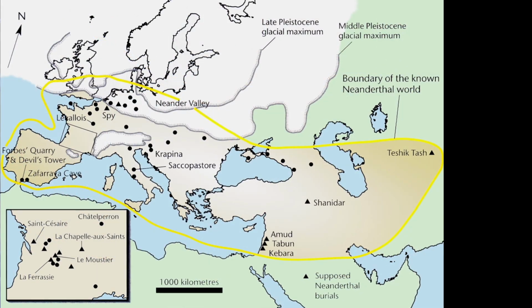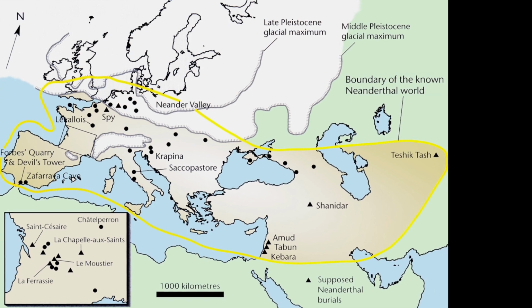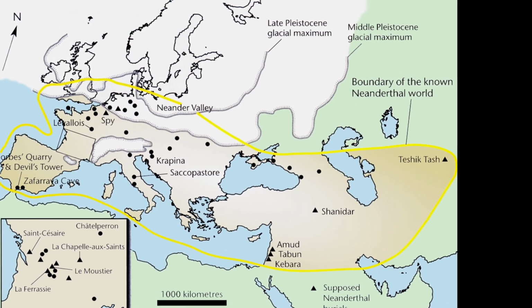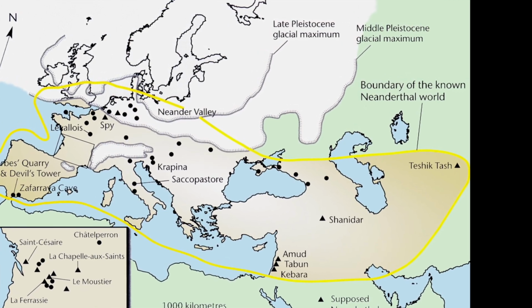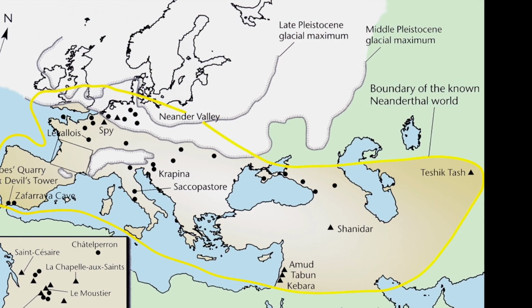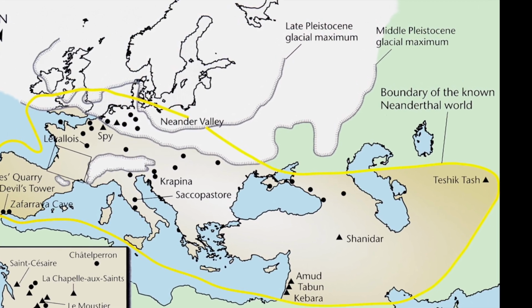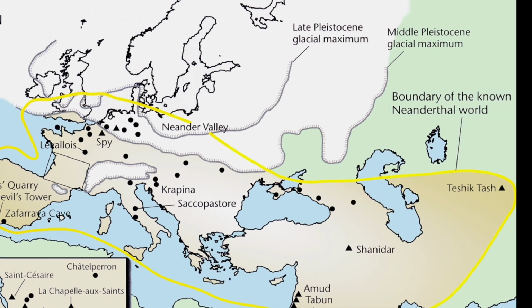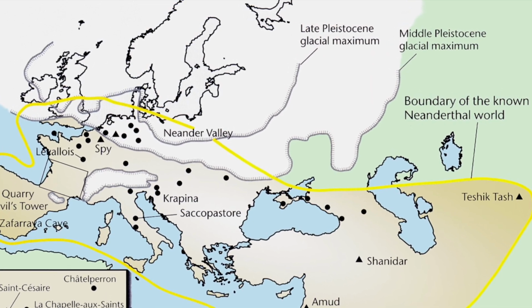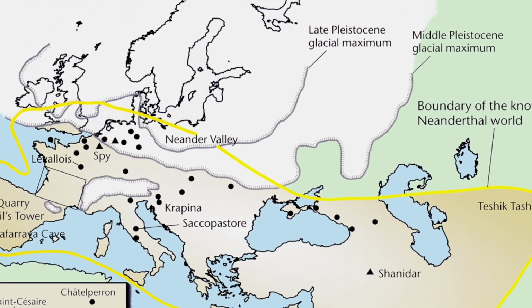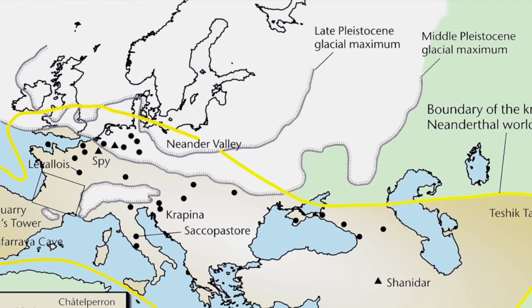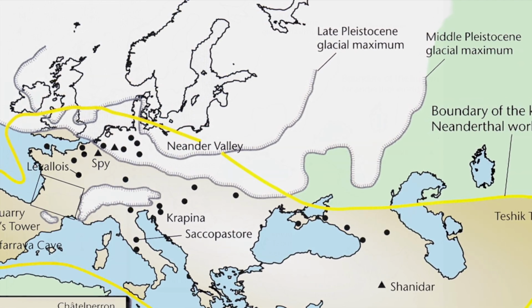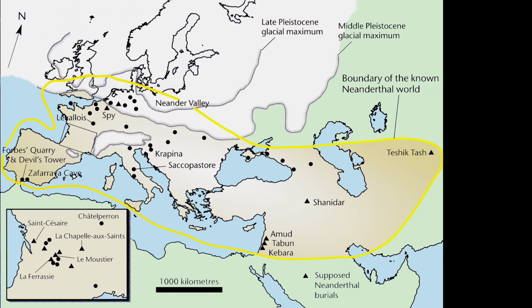And you can see in this reconstruction, during the Pleistocene, we have the limits of the late Pleistocene glacial maximum and then the middle Pleistocene glacial maximum. So this was a world which was limited, perhaps, to the north by the advancing and then retreating ice sheets. And we know actually that their range is much further now than is indicated on this particular map.